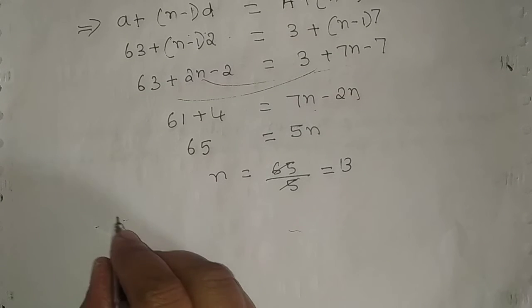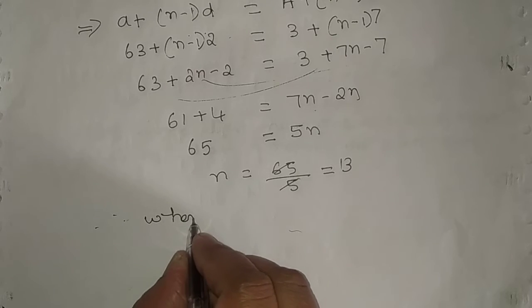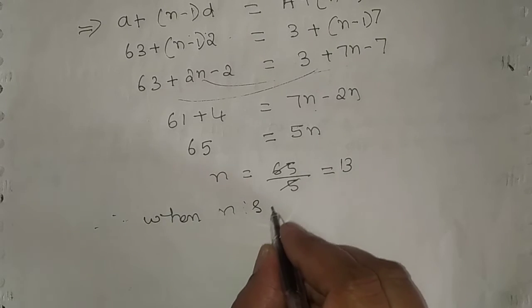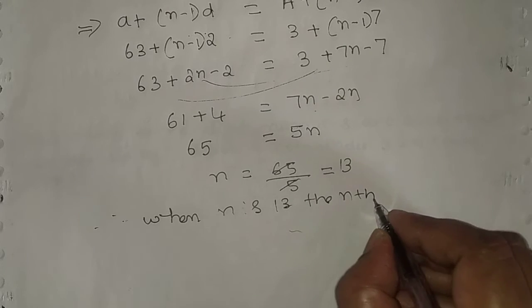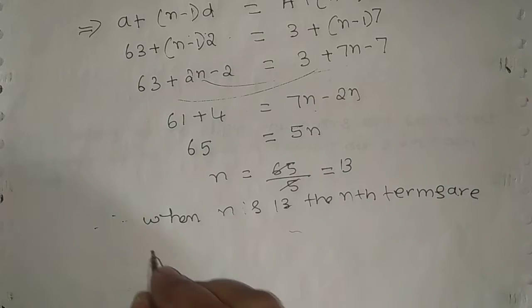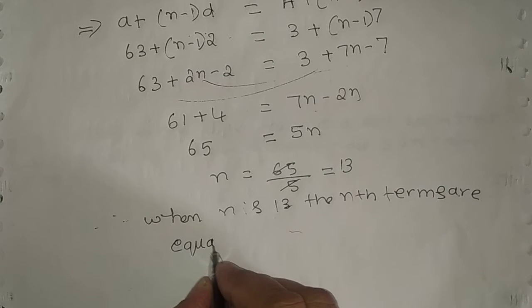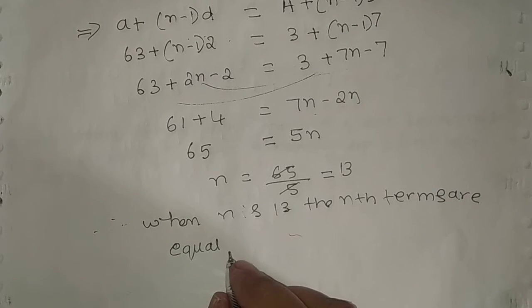Finally, therefore we are getting, when n is 13, the nth terms are equal. So this is the solution. When n is 13, the nth terms are equal.